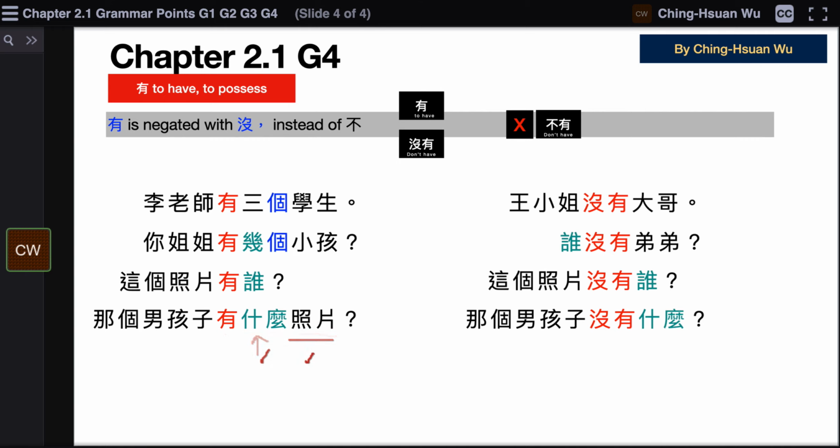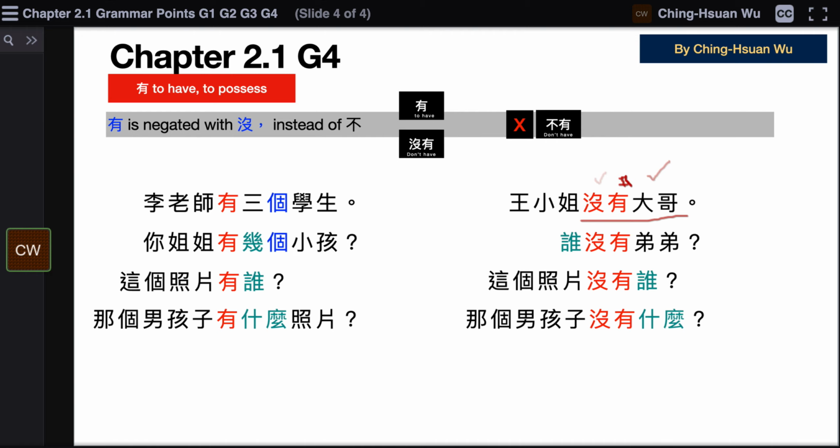Now let's take a look at the examples of 没有 don't have. The first one, 王小姐没有大哥. Miss Wang does not have any elder brother. Here, we do not see any measure words because there is no number. Simply don't have.